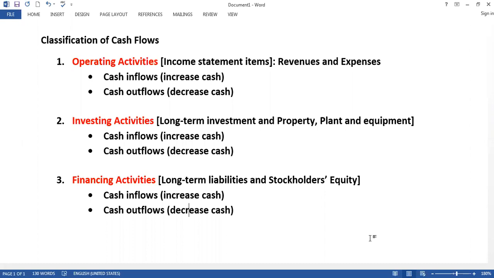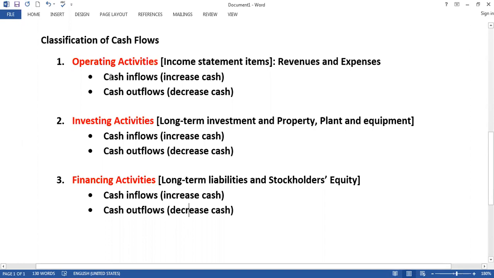Then financing activities are related with long-term liabilities and stockholders' equity. And we have some cash inflows and cash outflows. So I believe that from your previous course, you already know what the revenues are and what the examples of expenses are. You know the examples of property, plant and equipment. What is the meaning of investment, and what are the examples of long-term liabilities and stockholders' equity. Although maybe you forgot, today I will review some of the concepts from these activities.